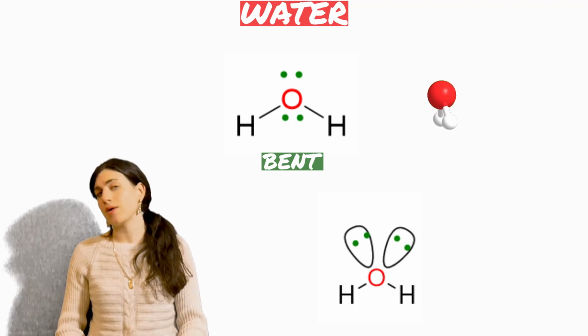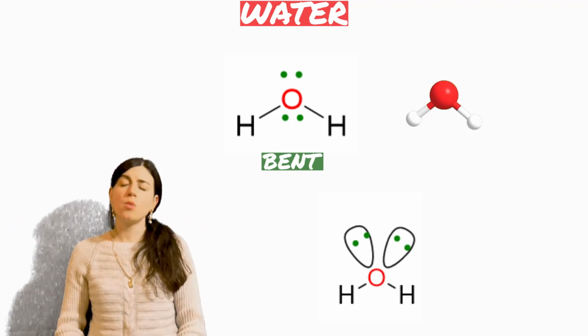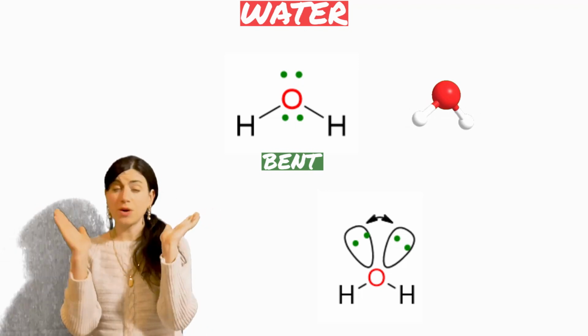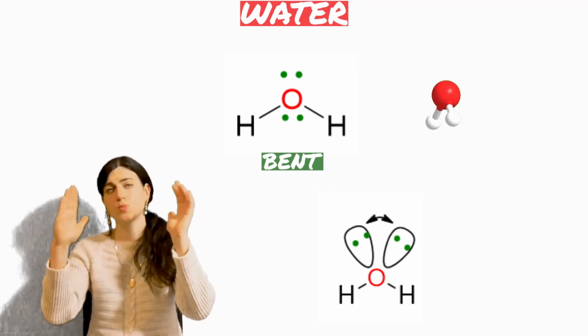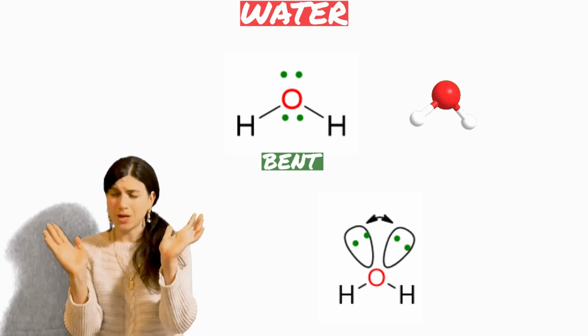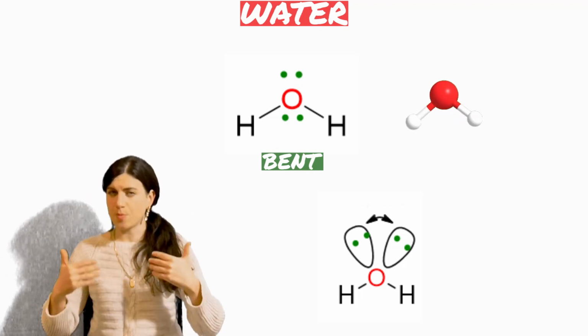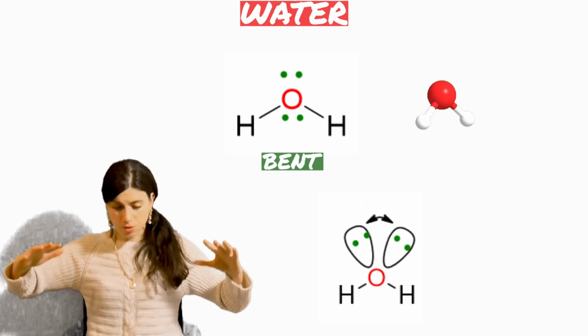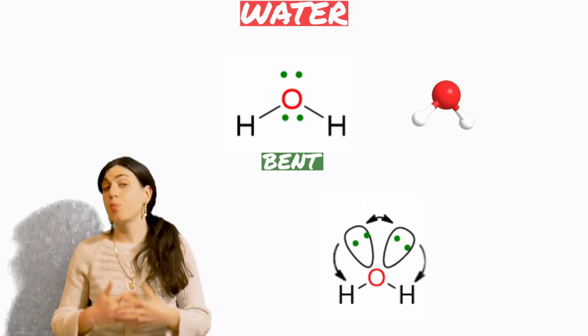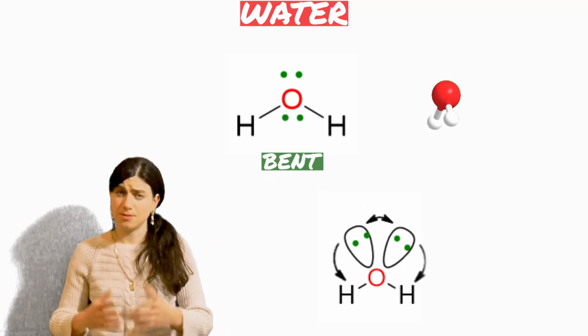And since now we have 2 lone pairs, these lone pairs will repel each other, so they will try to space themselves as far apart as possible, because they are both highly repulsive, and then they will also repel the 2 bond pairs more.